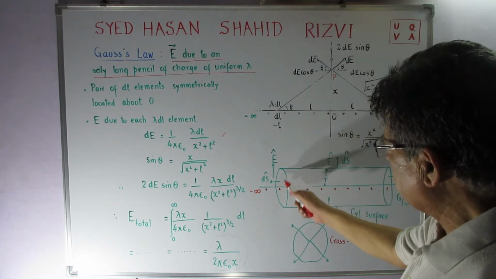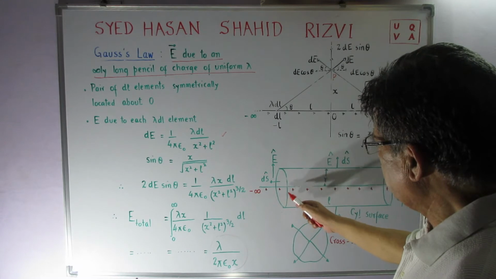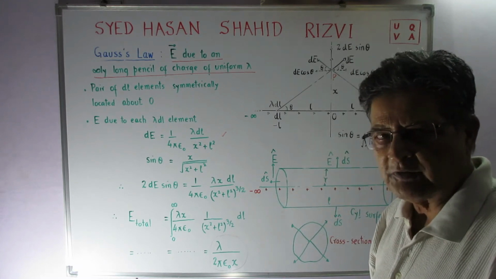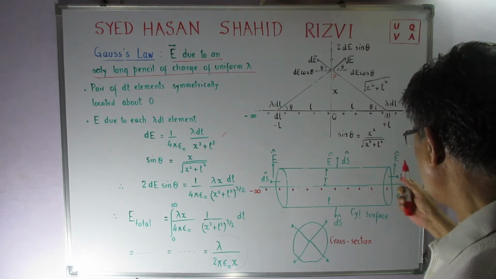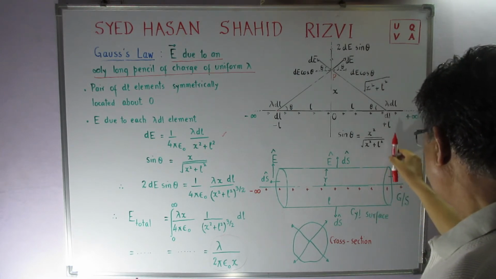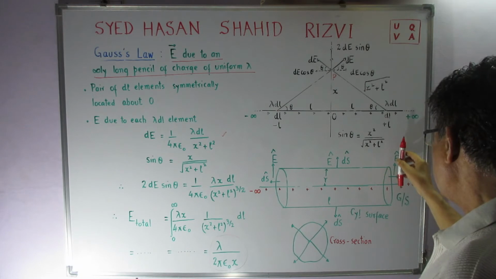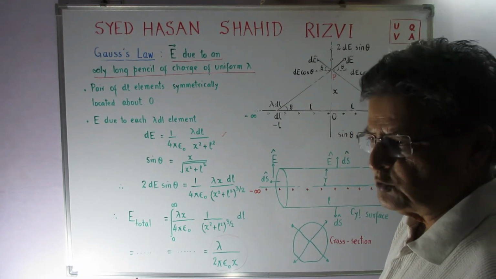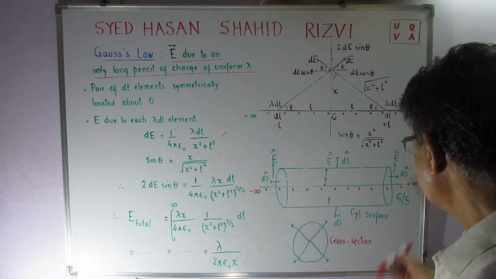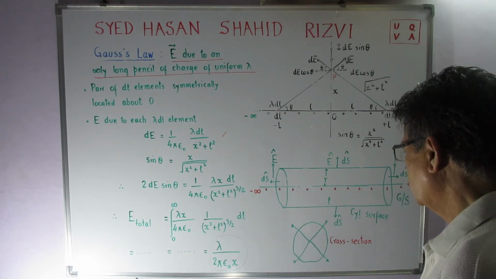So E dot dS over here will be equal to 0. There will not be any flux out. Look here, also on the right hand side, E is perpendicular to the dS vector, and E dot dS will become equal to E dS cos of pi by 2, or 90 degrees, and that will also turn out to be equal to 0.